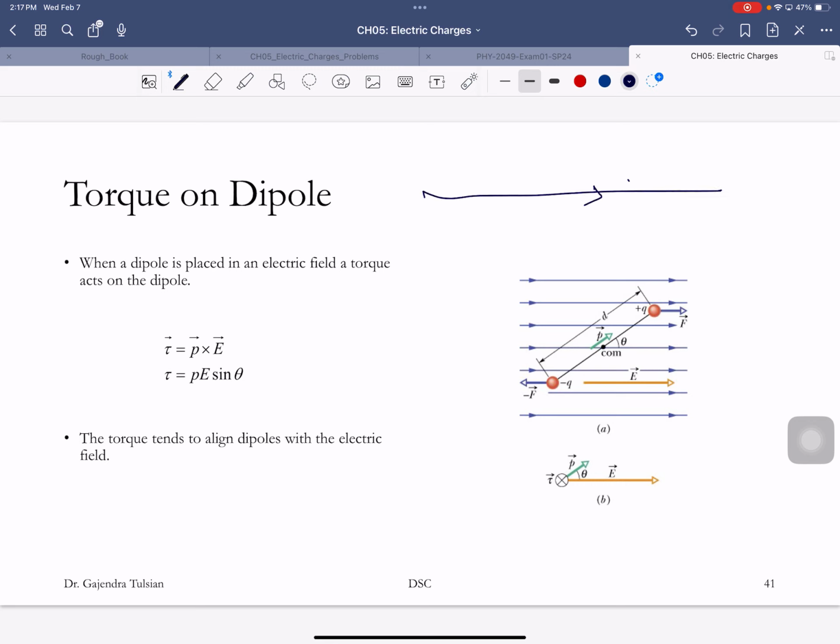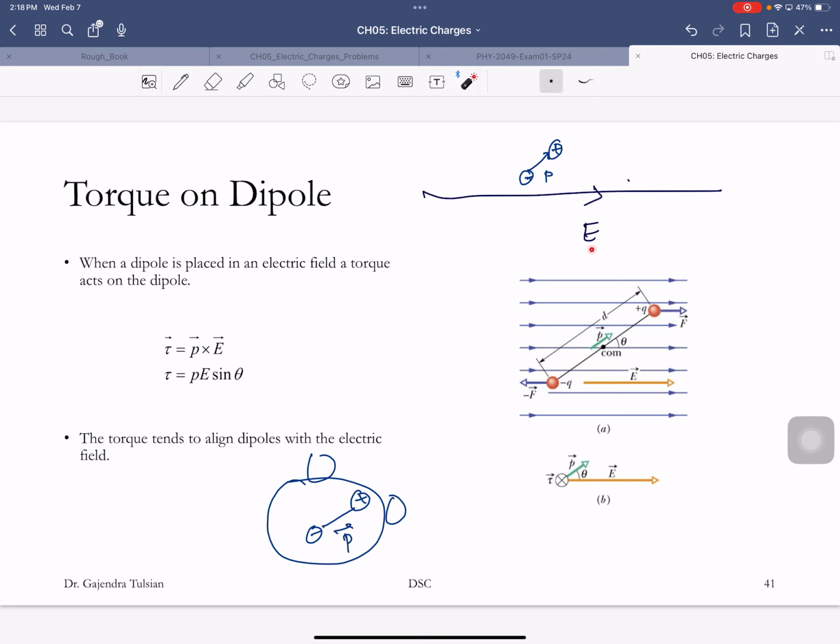Here's an electric field, and here's the dipole. The water molecule has a center of positive charge and a center of negative charge. So there's the dipole moment.